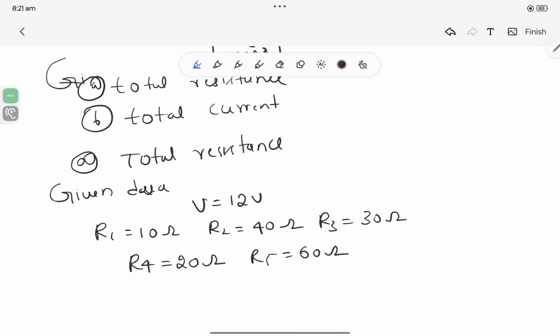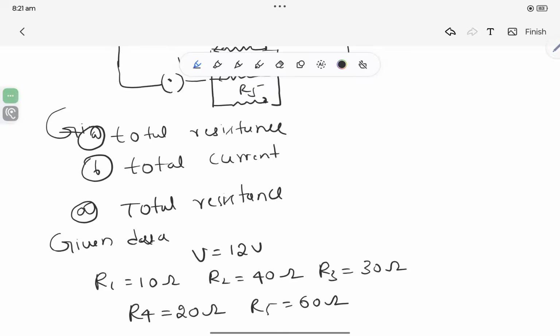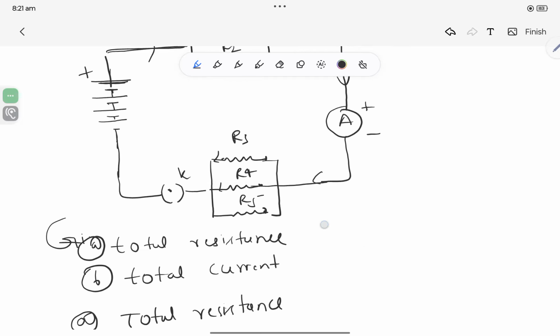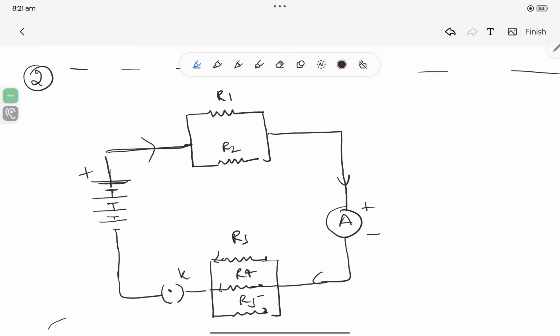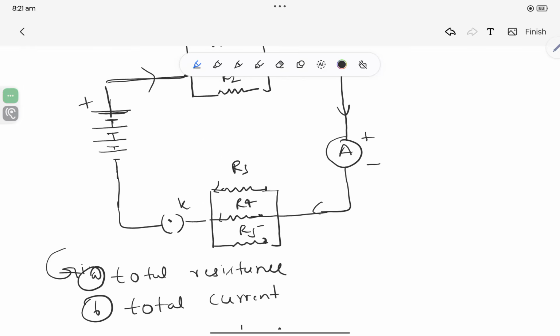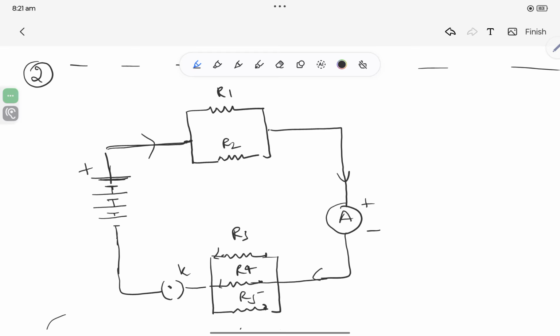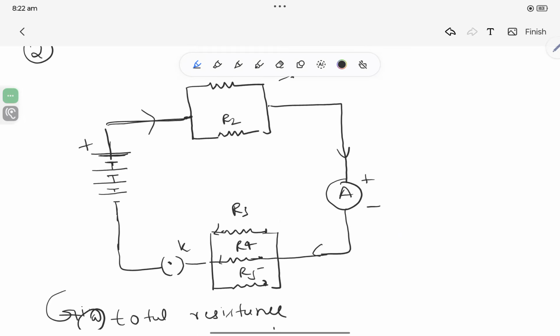From this data, you have to calculate total resistance and total current. First, total resistance. Here we have seen two parallel connections. These two are parallel and these three are parallel. Let us take these two parallel, we can call R dash. This other parallel connection we call R double dash.